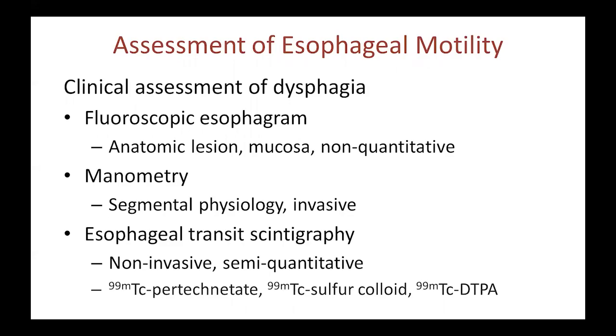The gastroenterologist will perform manometry, which allows them to assess segmental physiology, but this is quite invasive. And then esophageal transit scintigraphy is non-invasive and semi-quantitative and can use a variety of radiopharmaceuticals depending upon local standards.